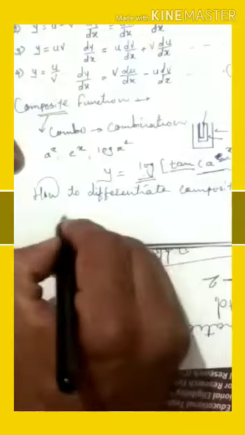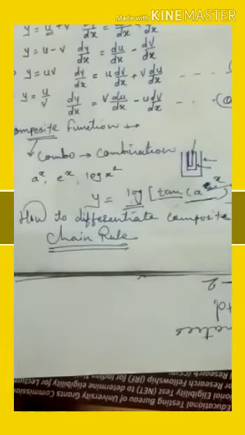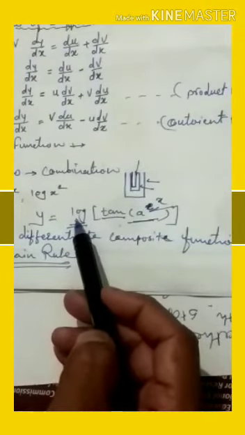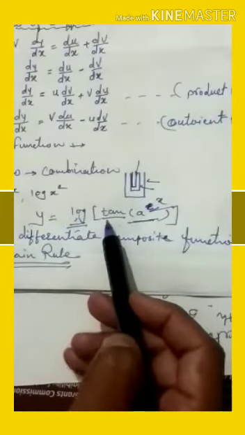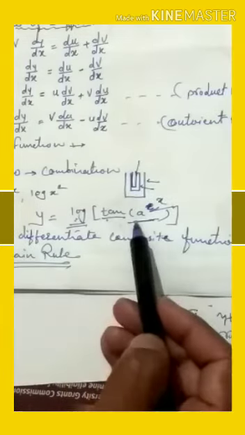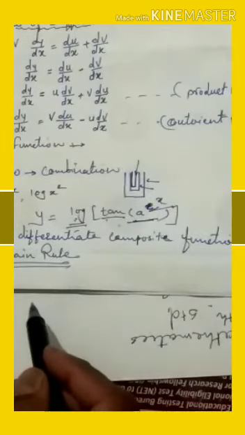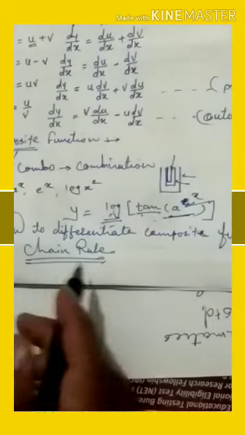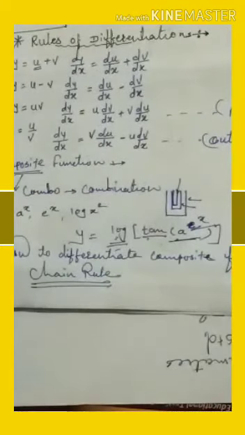To learn this, we need to learn the chain rule. See, there is a chain: the outermost part log is chained with tan, which is chained with a raised to x. So the theorem dealing with the chain rule we will see in the next video.